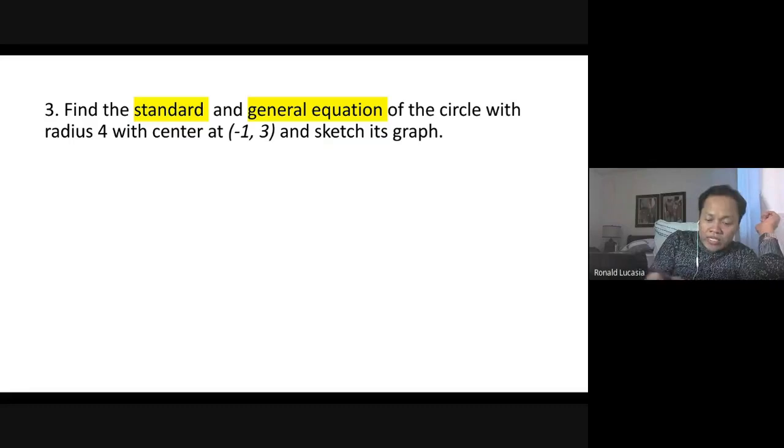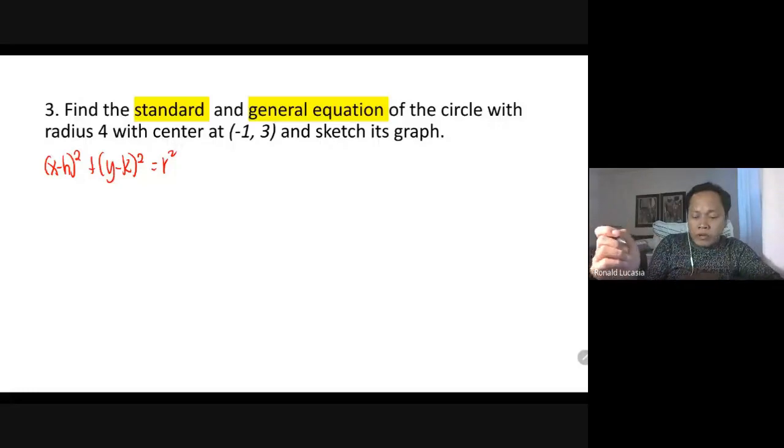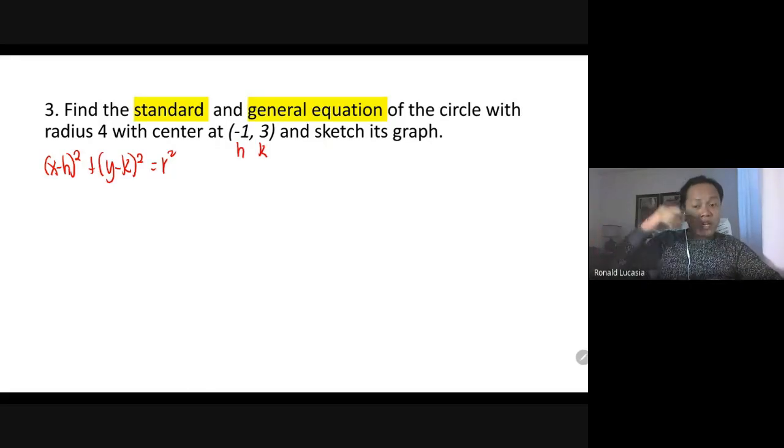So we know that the center is no longer at the origin, so we will be using (x minus h) quantity squared plus (y minus k) quantity squared is equal to r squared. This is our h, this is our k. The h coordinate is actually the x coordinate. The k coordinate is actually the y coordinate.